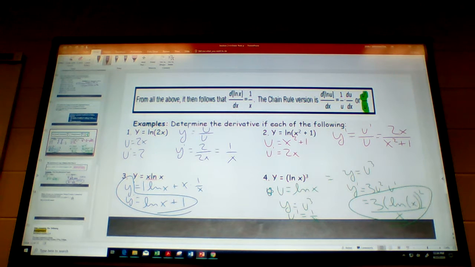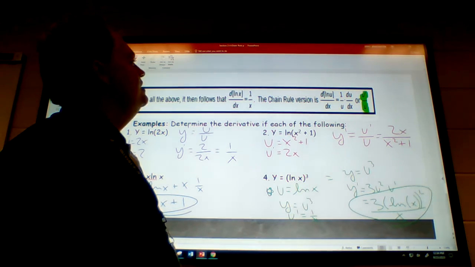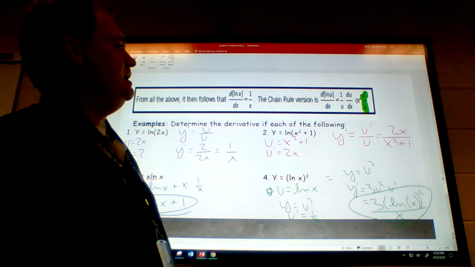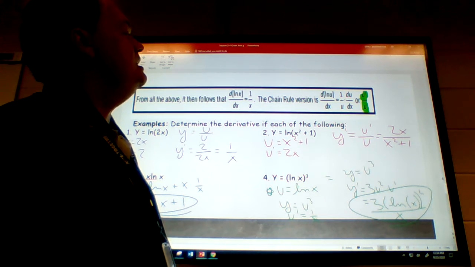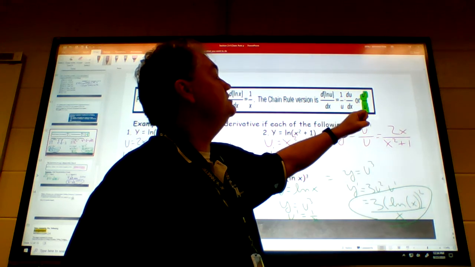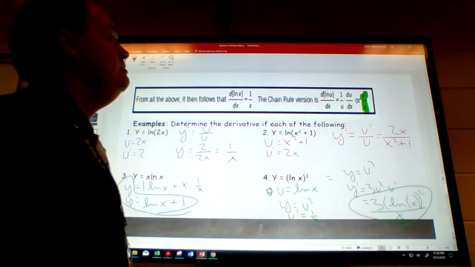Now, what you need to know is this. The derivative of ln of x is 1 over x. Well, in terms of u, it's 1 over u times du over dx, or simply u prime all over u.